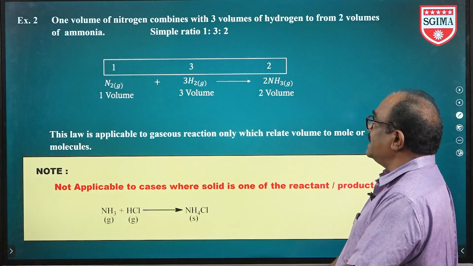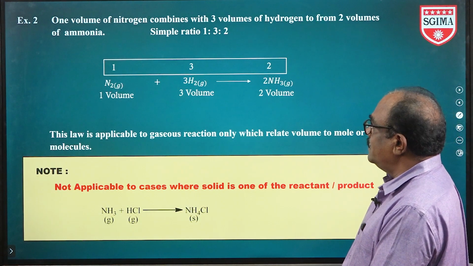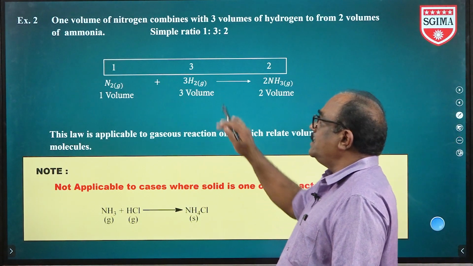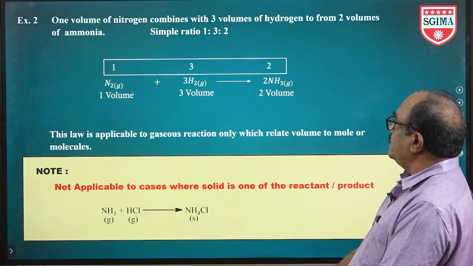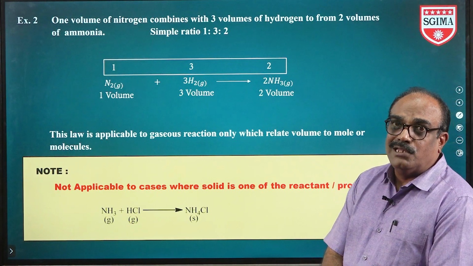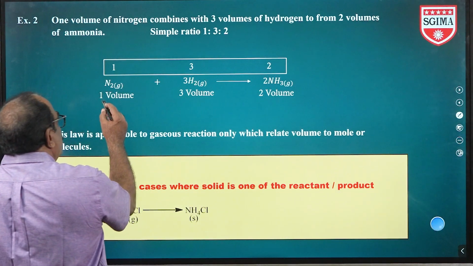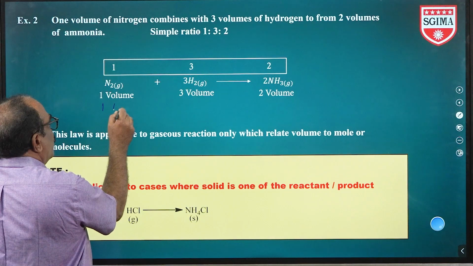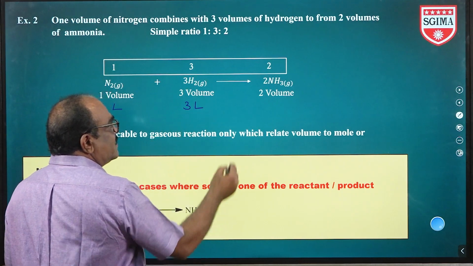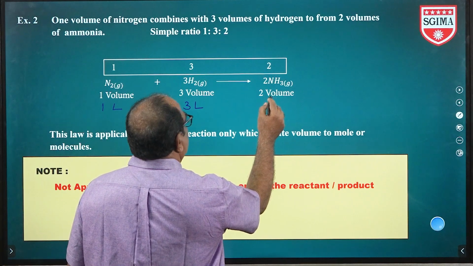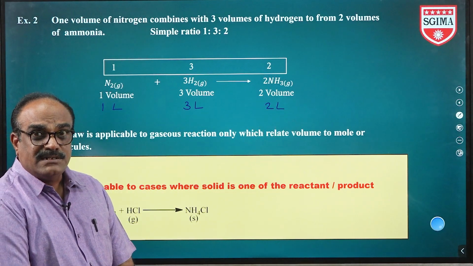Please look into this second example, nitrogen combining with hydrogen to produce ammonia. According to this balanced equation, nitrogen 1 volume combined with 3 volumes of hydrogen will produce 2 volumes of ammonia. Please make the observation here, this volume can be taken as 1 liter of nitrogen combining with 3 liters of hydrogen producing 2 liters of ammonia, like that.